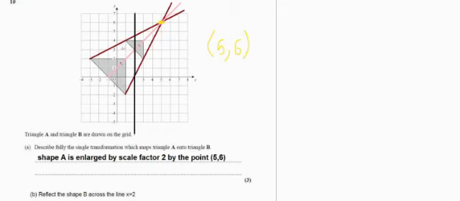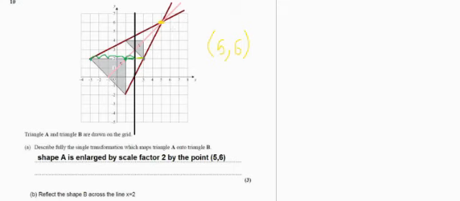And now let's reflect shape B. To reflect the shape points, here this point has a space of 1 square. So we go 1 square from here and draw the point. And the other point here has a space of 5 squares.